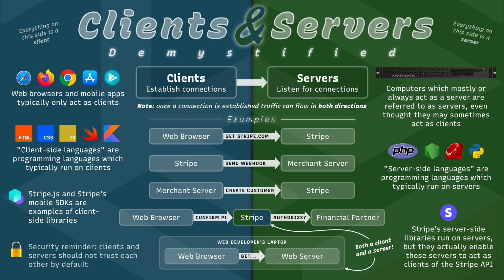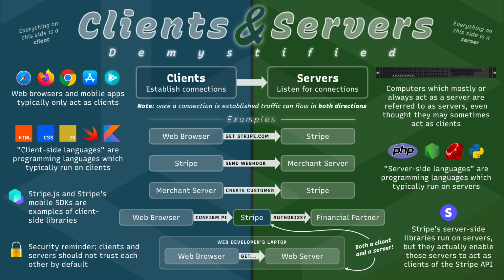One final note about security. By default, clients and servers should not trust each other. A client and server are usually two separate systems, and both ends are rarely owned or controlled by the same entity. That means, for example, that a web server which sends JavaScript to a web browser to run client-side should not assume that JavaScript will be run without being modified, or it may not run at all.